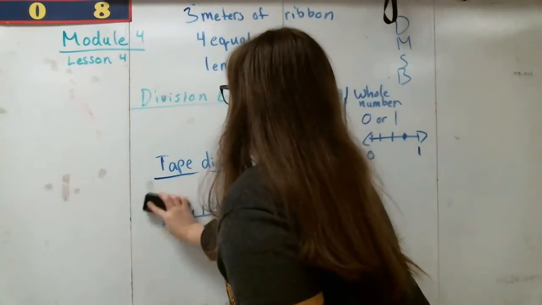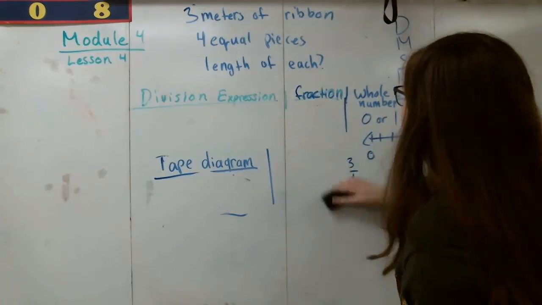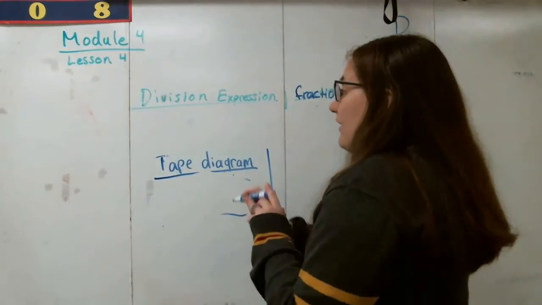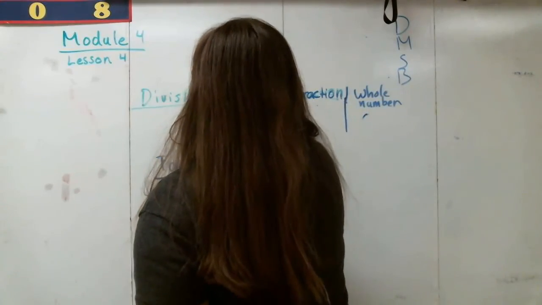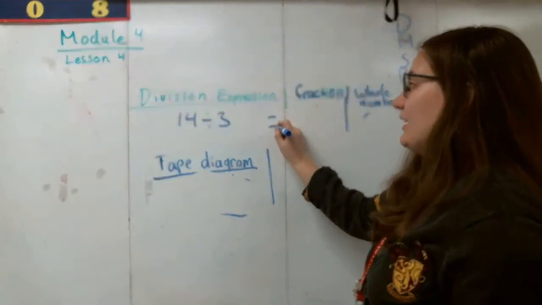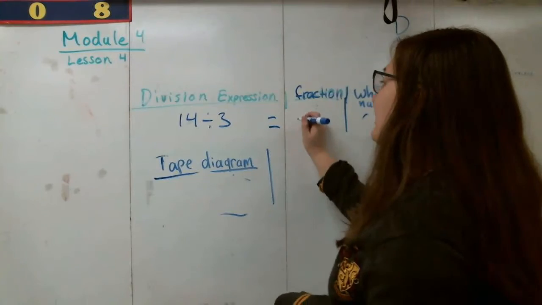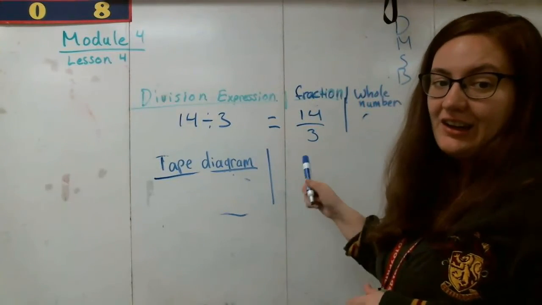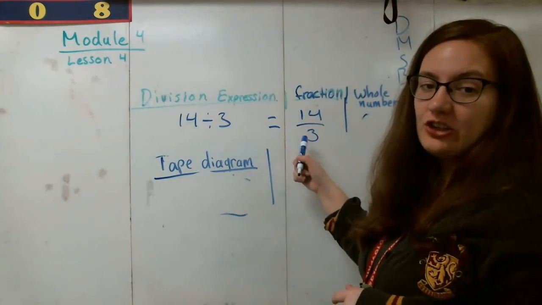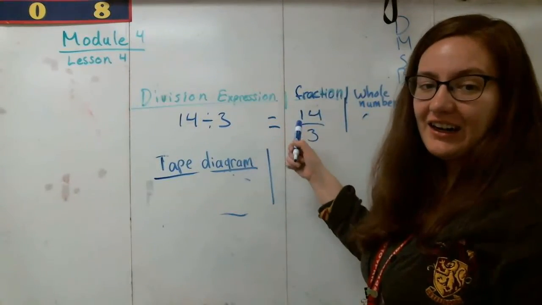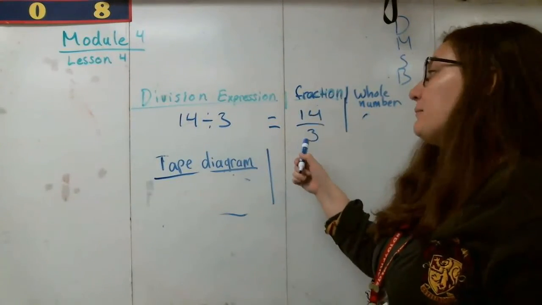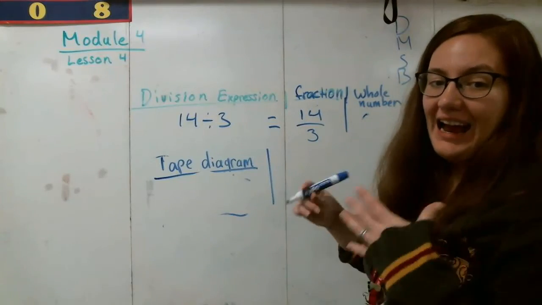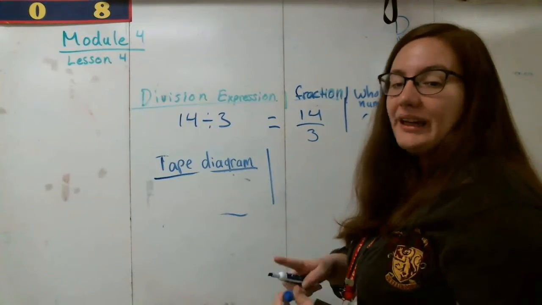If I have 14 divided by 3, then as a fraction, that would equal 14 over 3, which is technically my answer. It's just that, do I like my answer as an improper fraction? Probably not. So what is my actual answer going to be?